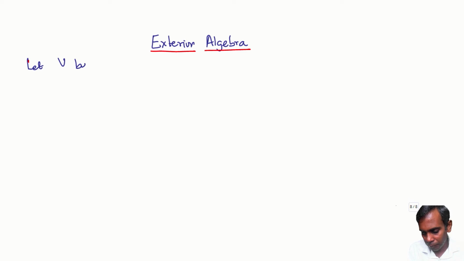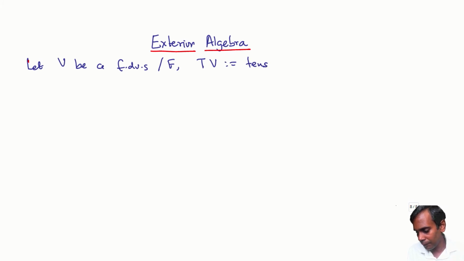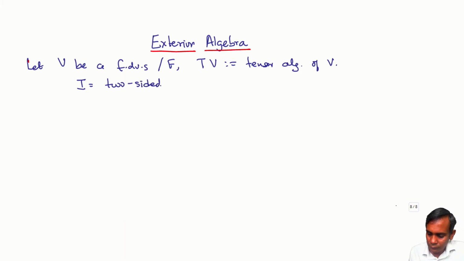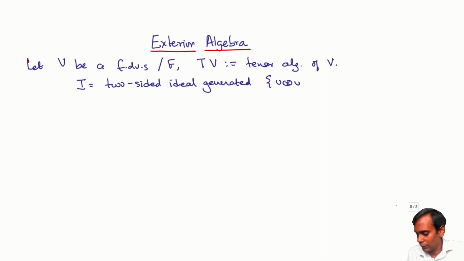Let V be a finite dimensional vector space over F and TV be the tensor algebra of V. Now inside this algebra I will take I to be the two-sided ideal generated by tensors of the form v tensor v, where v is in V. So these are all inside V tensor V, which is T^2 V.